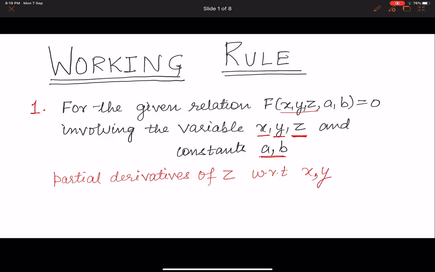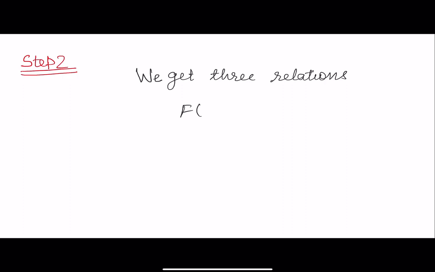On finding the partial derivatives of z with respect to x and y, we get three relations. These three relations are f(x, y, z, a, b) is equal to 0.